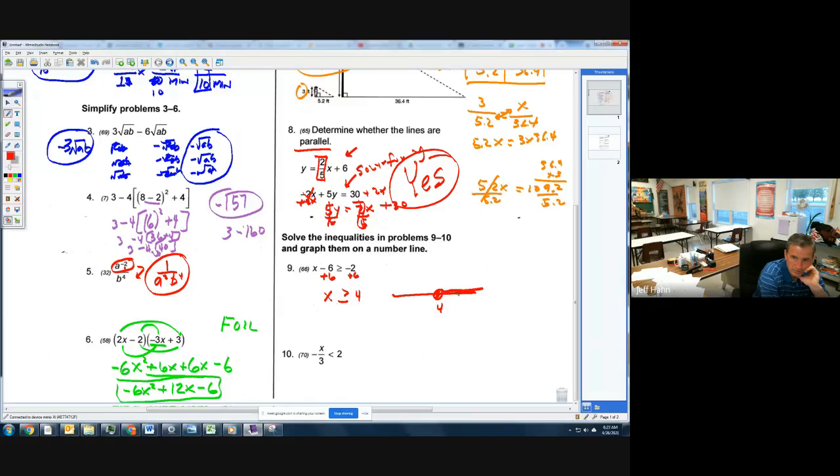X is greater than. Oof. This one here. Some bells and whistles ought to be going off in your head, ladies and gentlemen, because this is negative, and that's a bad deal because a lot of stuff's gonna change. But first, let's get rid of this dividing by 3 by doing the opposite and multiplying both sides by 3. These 3's go away. I'm left with a negative x is less than 6.